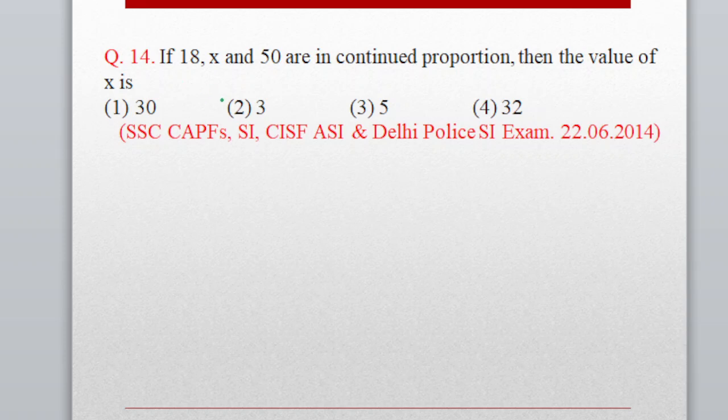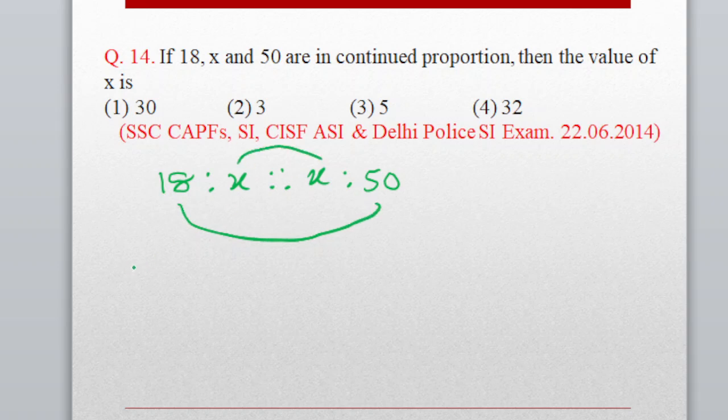If 18, x and 50 are in continued proportion, then the value of x is? This can be written as 18 is to x is to x is to 50. Here the product of extreme terms is equal to the product of mean terms. Here these are the extreme terms and these are the mean terms.